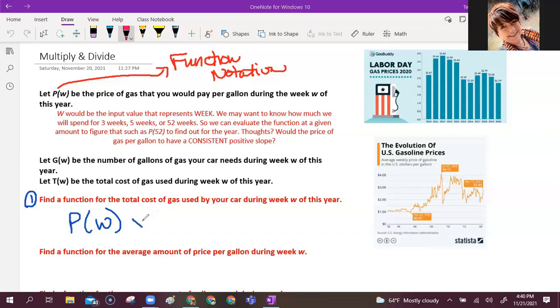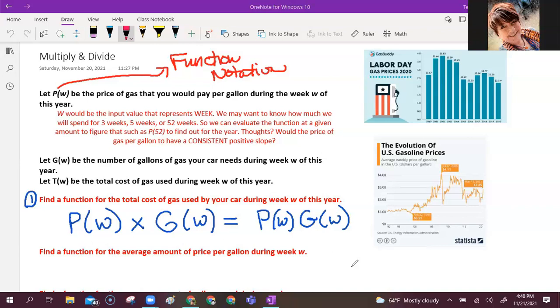Is that not correct? Well, how many gallons is it? G of W. That's what they told us gallons was. Now, we don't use the X at this level, so I would rewrite this. A lot of times you just really see them side by side. And that is multiplication of functions.